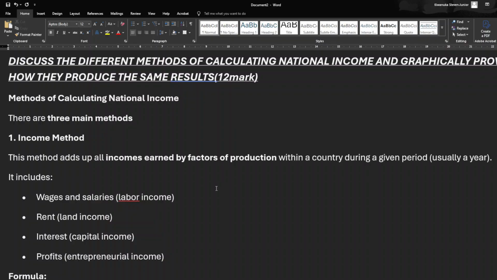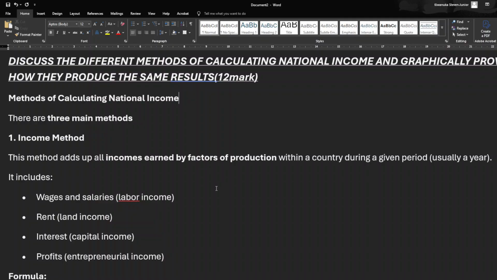So, discuss the different methods of calculating national income. Income method, or income approach; some books put income approach. This method adds up all incomes earned by factors of production within a country during a given period of time, basically yearly.